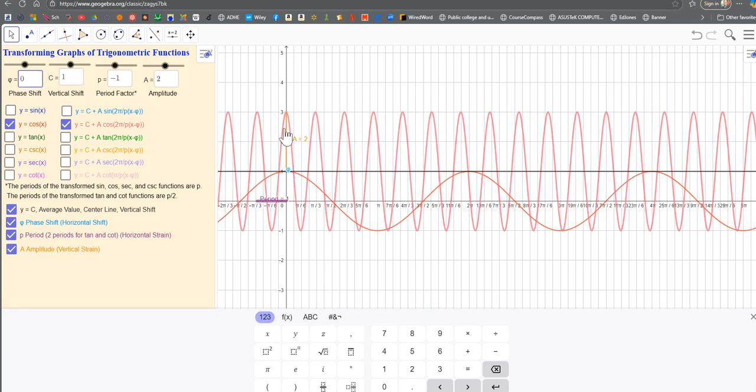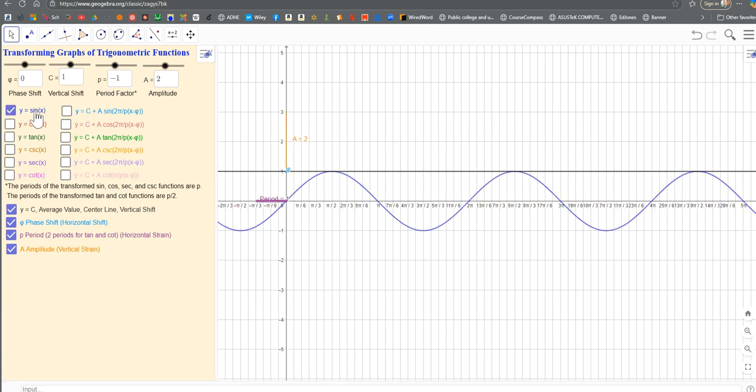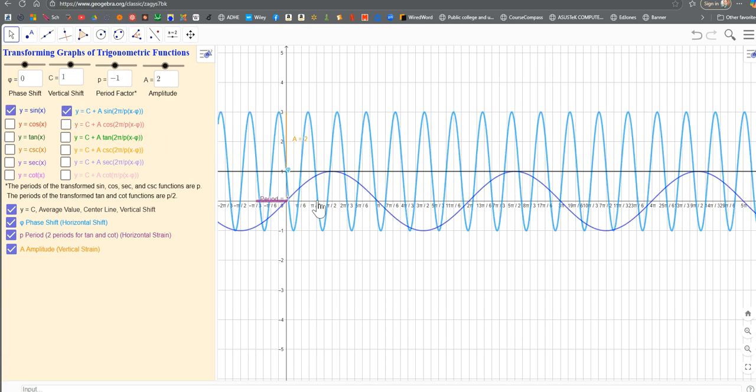This one's actually just going to flip it over the y-axis, which doesn't really change anything. So for cosine, that's not going to matter. For sine, you're going to see it flipped upside down. So instead of first going up to a maximum, this one's first going to go down to a minimum, right?